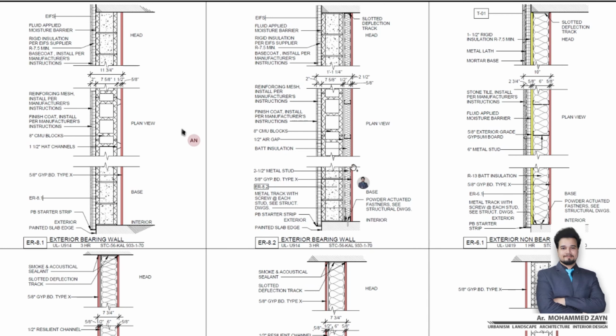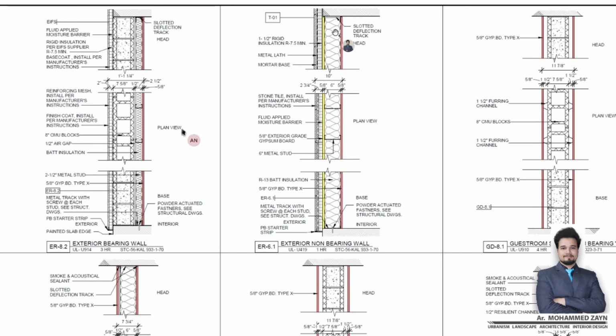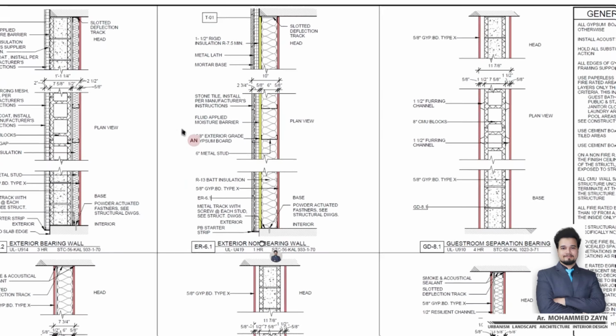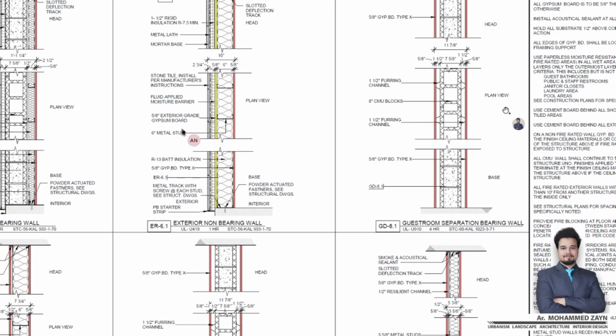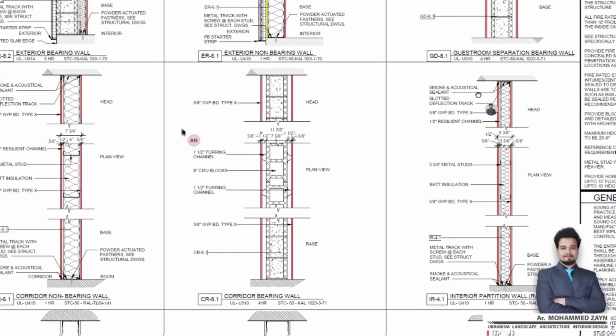There are interior walls that have different thickness, maybe different materials. Then you have exterior walls. Because this is a US based project, they have exterior walls which are bearing, and exterior walls which are non-bearing.